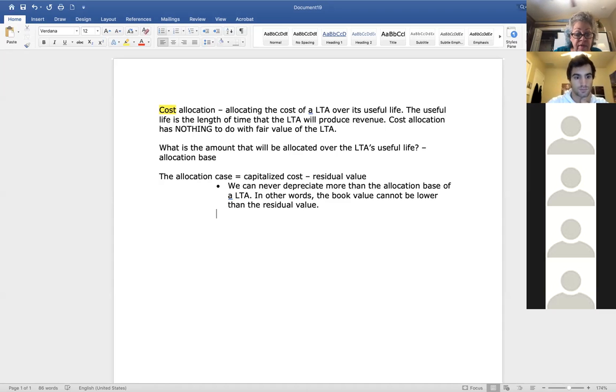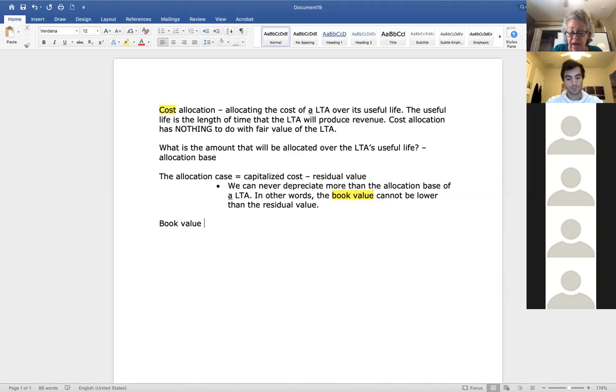Now notice that I said that the book value cannot be lower than the residual value. How do we define book value? These are all important concepts or terminology that we're going to be using today as we are practicing and applying problems.